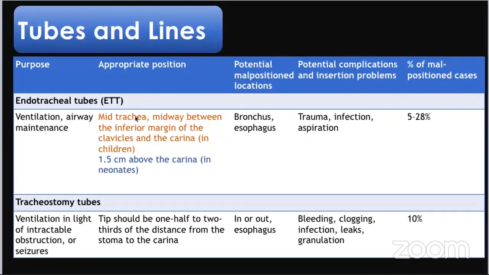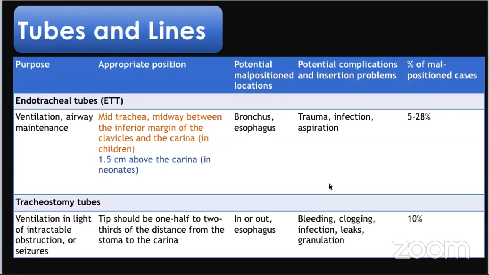The optimal position for the endotracheal tube will be in the mid-trachea, midway between the inferior margins of the clavicles, the level of the clavicles, and the carina in children. In neonates, it will be about 15 millimeters above the carina.